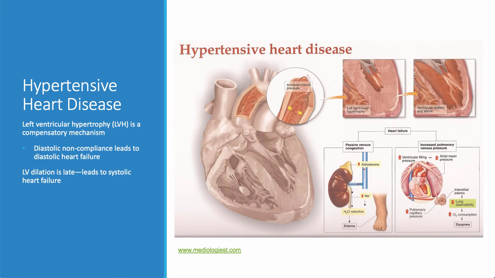Remember earlier I said that when we have high blood pressure, our heart responds with the cellular adaptation mechanism of hypertrophy. Hypertrophy seems like a good idea to the cells, but over a long period of time, that makes everything worse. And the disease that we refer to as being caused by hypertension is hypertensive heart disease.